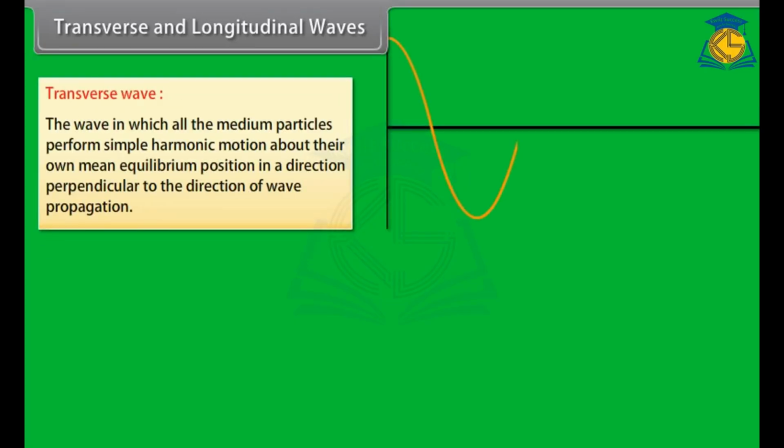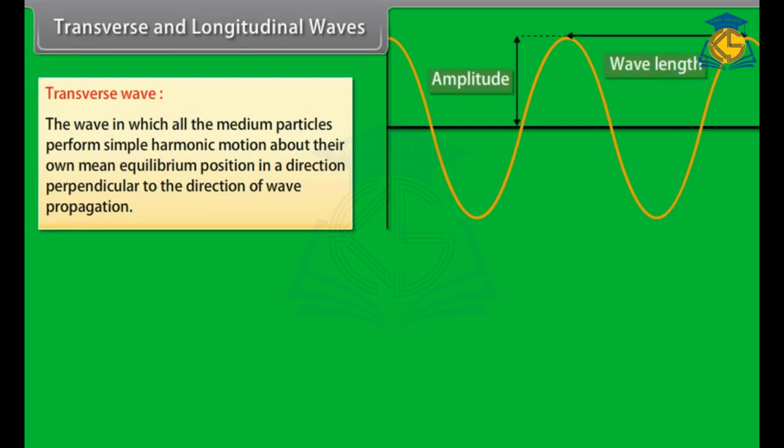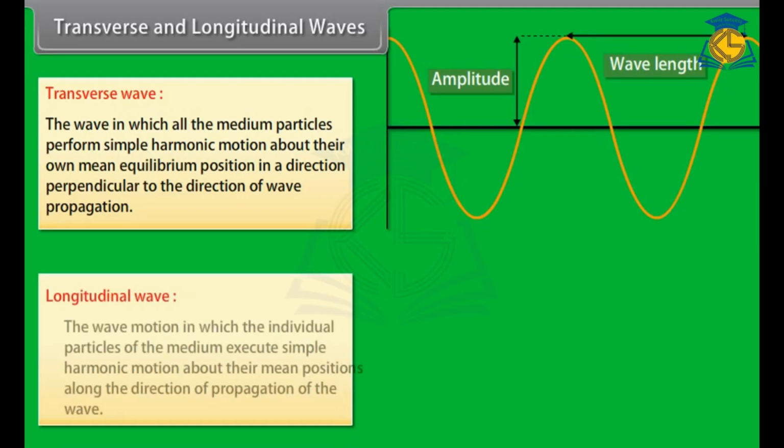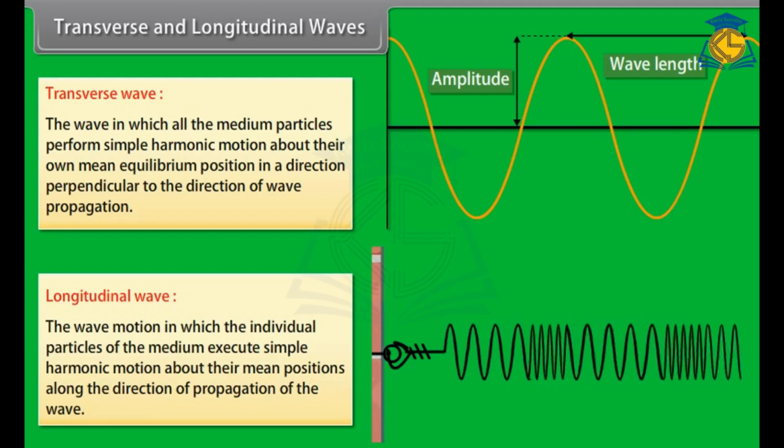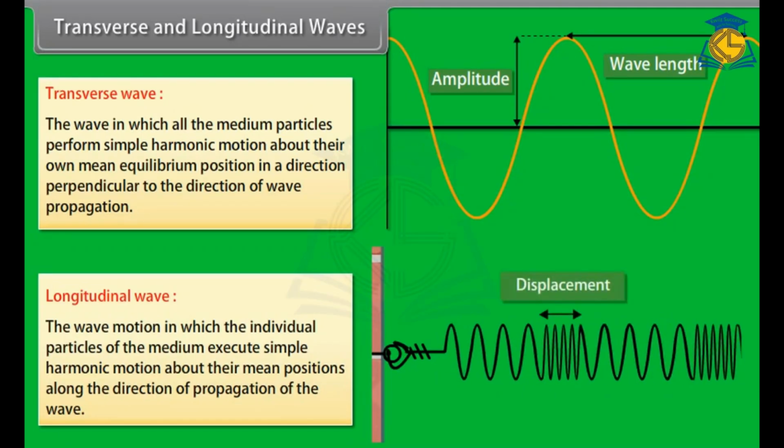A transverse wave is the wave in which all the medium particles perform simple harmonic motion about their own mean equilibrium position in a direction perpendicular to the direction of wave propagation. Longitudinal wave motion is that wave motion in which the individual particles of the medium execute simple harmonic motion about their mean positions along the direction of propagation of the wave.